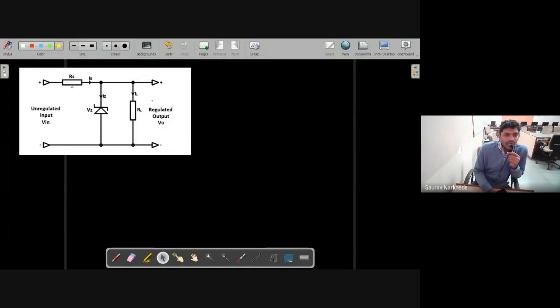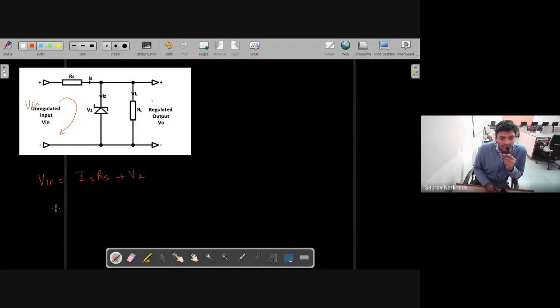As mentioned, we can have a formula here. If this is your V in, then V in is nothing but IS RS plus some voltage drop across the Zener diode, that is VZ.